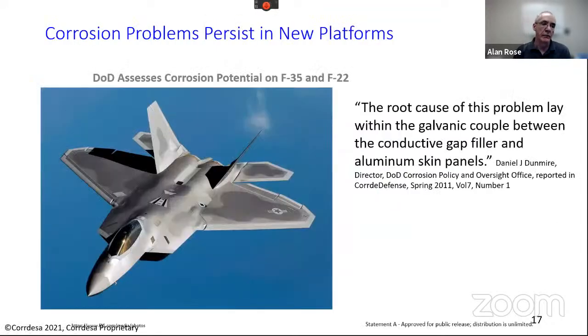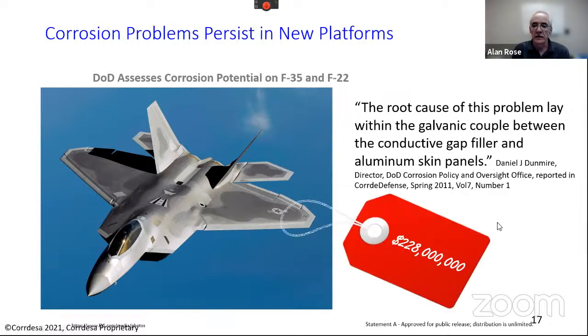No matter how modern the platforms have been, F-22, for example, there was an issue overlooked where there was an interaction between conductive gap filler and aluminum skin panels, which caused a galvanic corrosion interaction. And essentially, that one repair across that fleet was more than $228 million. So it's very expensive.